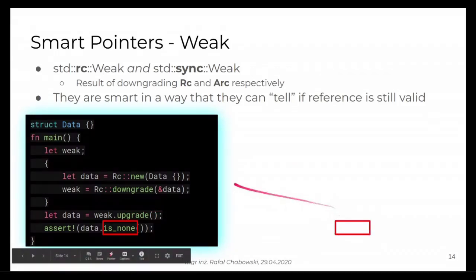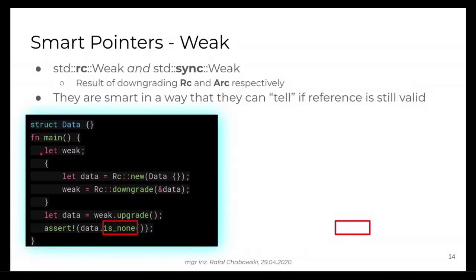Oops, this is a mistake. So let's see what we have on the left. We are creating the data here inside the internal scope, and also we are creating a weak pointer to this data inside the scope.